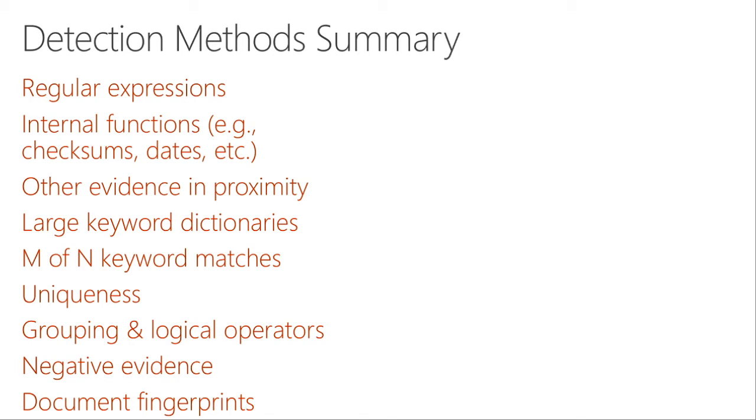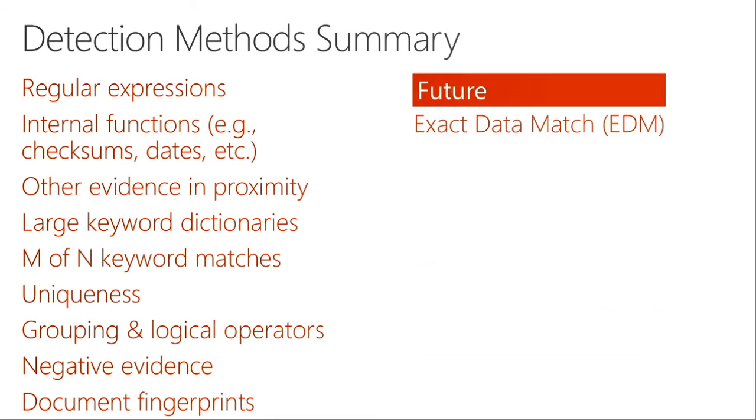So if you have your taxes with your social security number in 8 different pages, it'll only come back as one match for all 8 instances of your sensitive type. If you require a certain number of keywords, those keywords are counted uniquely. So that was a change we made based on feedback from this room last year. And the grouping logical operators, negative evidence, et cetera, as well.